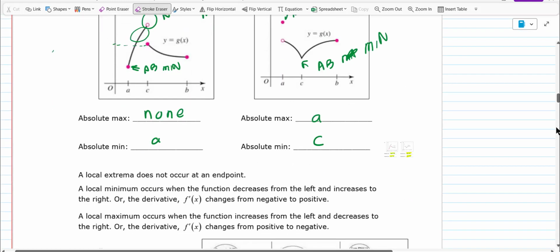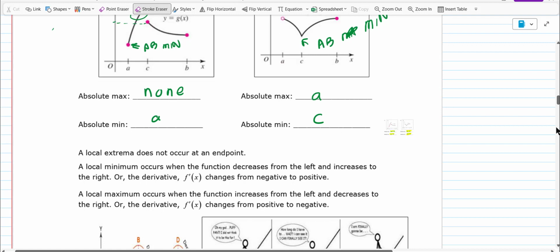Okay, so a couple of things just kind of to mention here. So first of all, a local extrema, we've already talked about that earlier in the notes for 2.7a. A local extrema never occurs at an endpoint. An absolute max or min can occur at an endpoint. Okay, you've seen that in the previous examples.